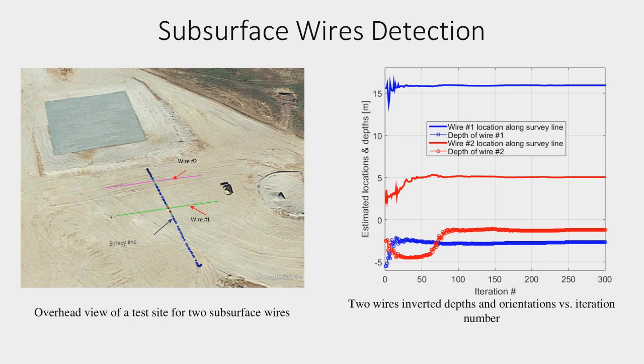As well as that, this system was tested for subsurface wire detection. And here we have a case where two parallel wires were buried at different depths, and we not only detect, but we are now able to process this data and pinpoint the depths of these wires, as well as their X and Y location in a GPS coordinate system.